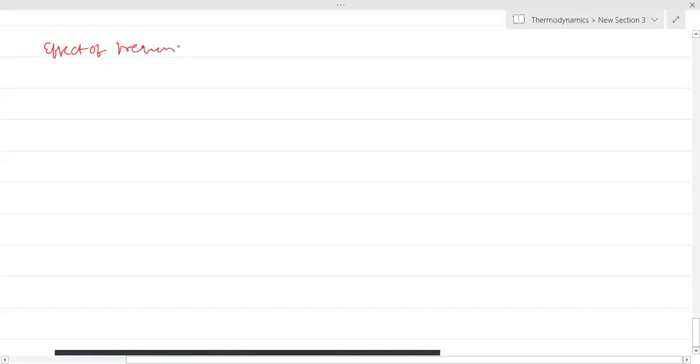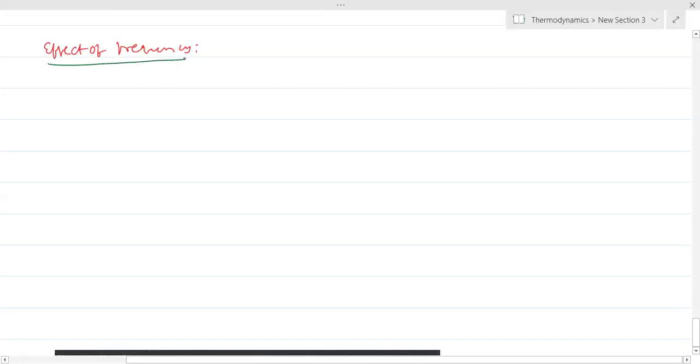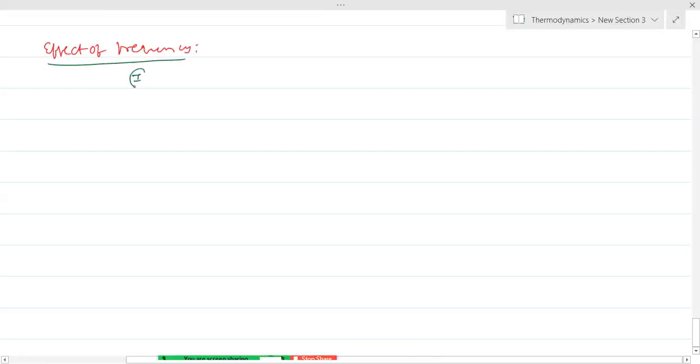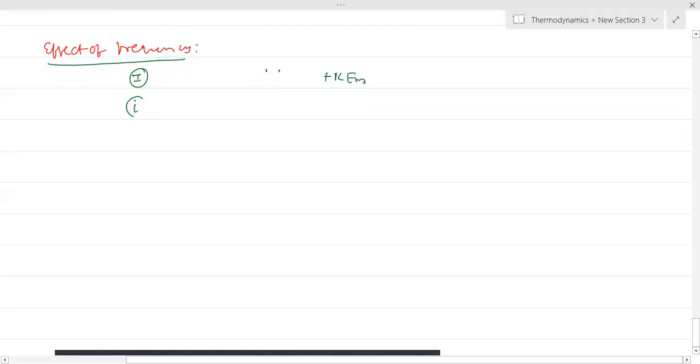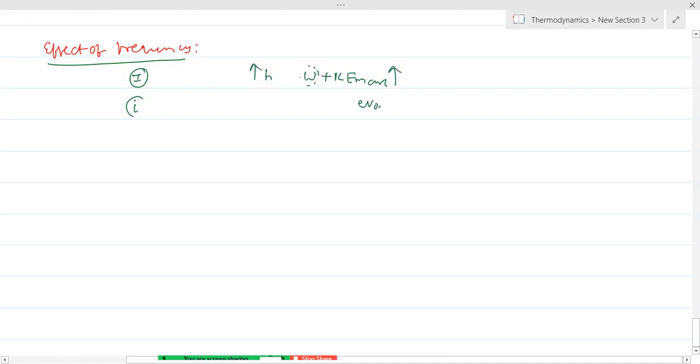While we discuss the variation of frequency, we keep the intensity constant, so the photocurrent is constant. From the equation h nu equals W plus KE maximum, when you increase the frequency, the work function is constant, so KE maximum increases, or the stopping potential increases. We are going to see that in the form of a graph.